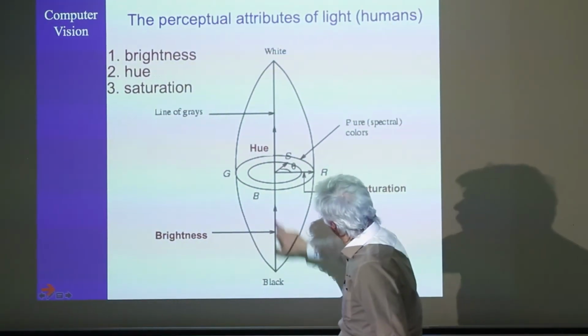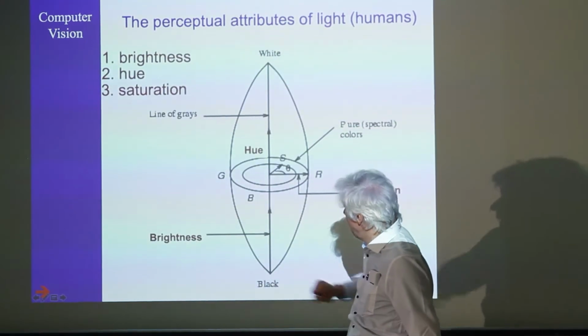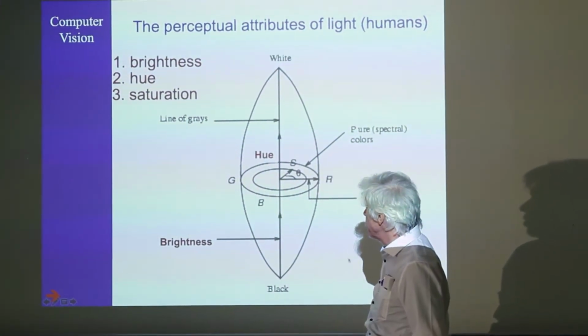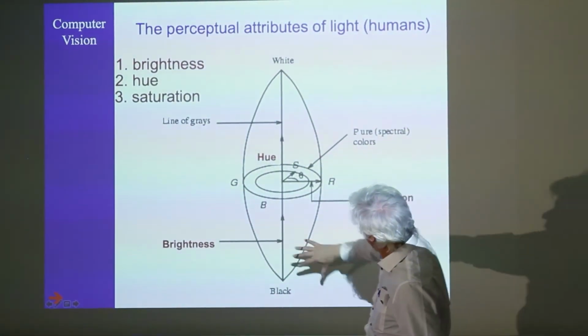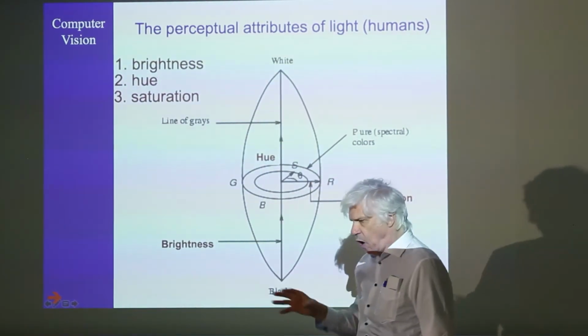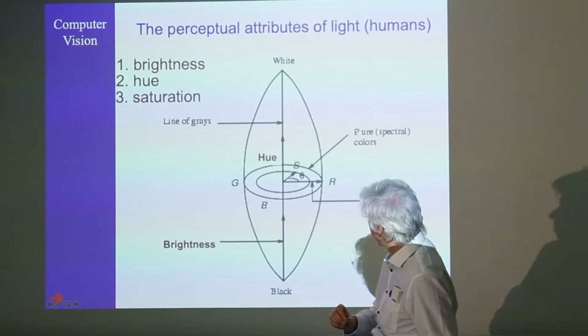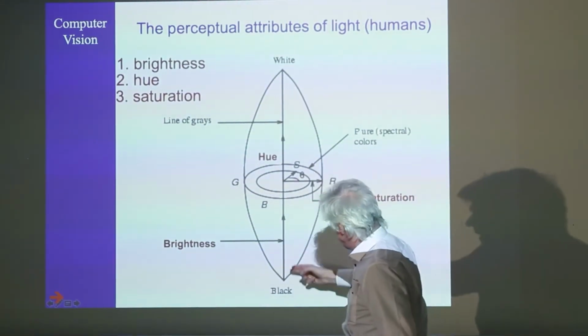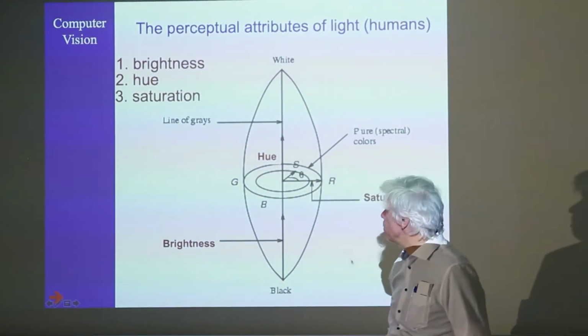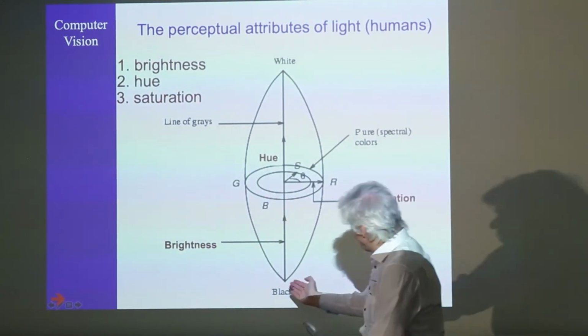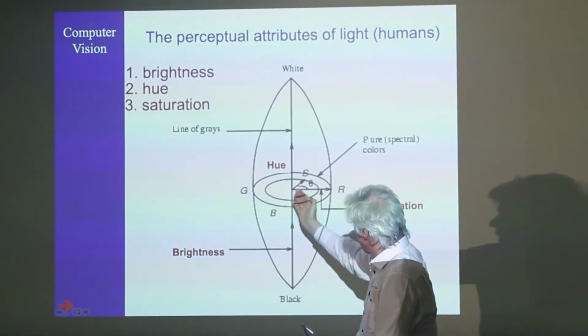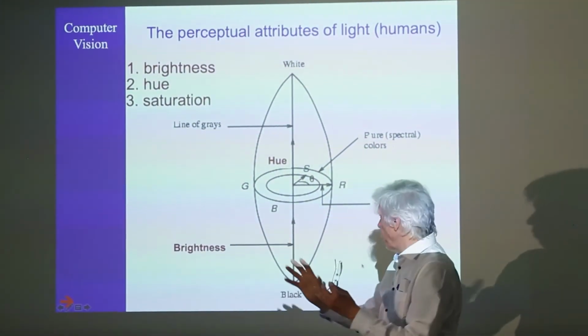So this vertical axis that we have here is the axis of brightness. This overall shape, by the way, is this kind of ellipsoid, American football type of shape, with the vertical axis as said, intensity, and then as you move towards grays here, it opens up, becomes really volumetric.